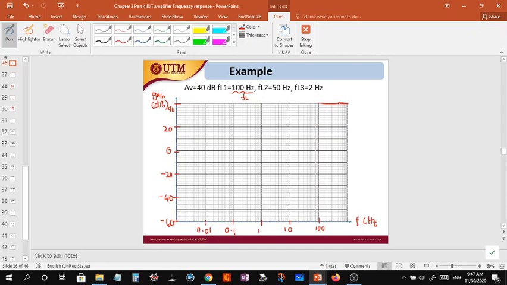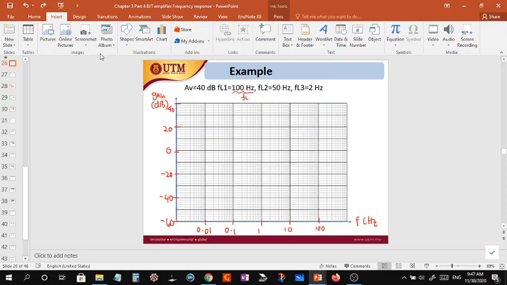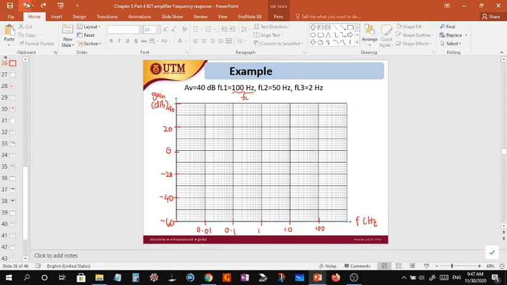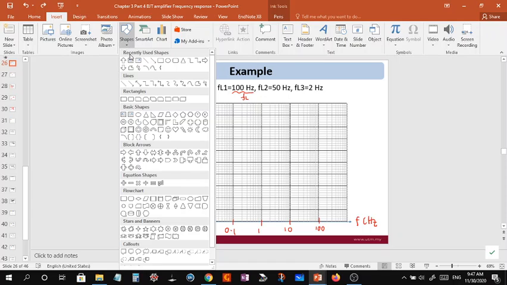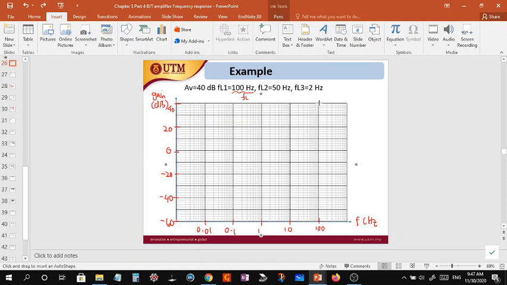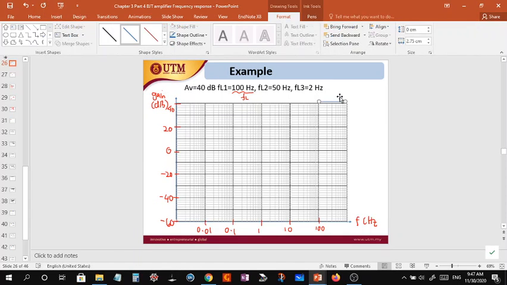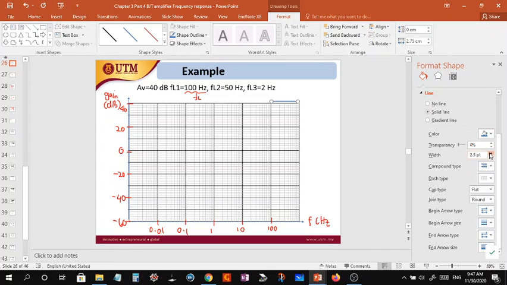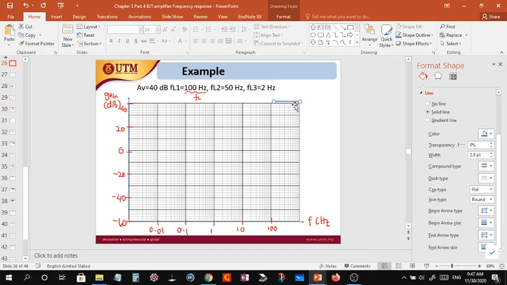So the line is that I insert the line. Okay.